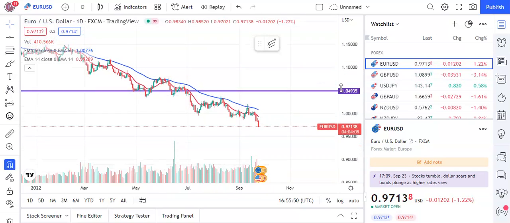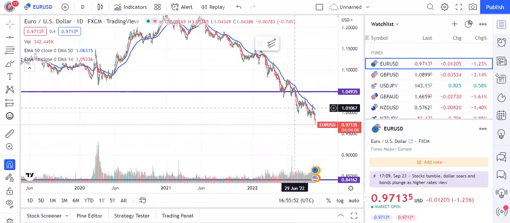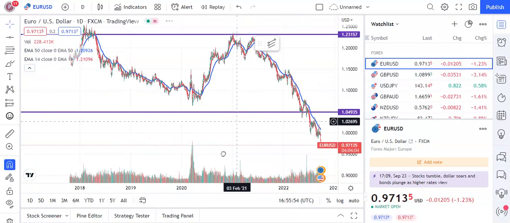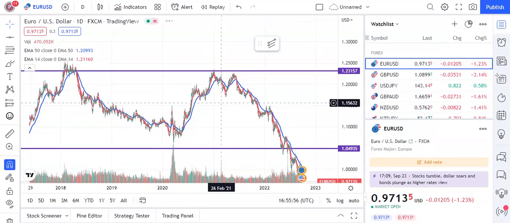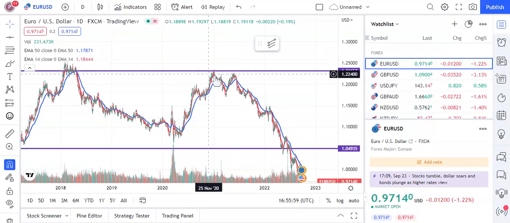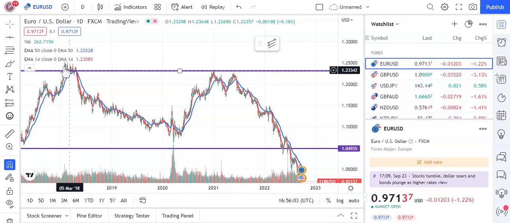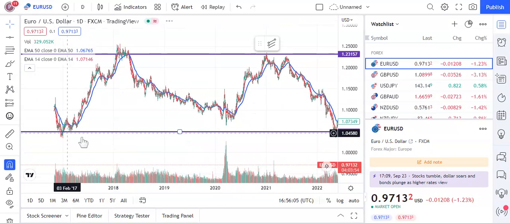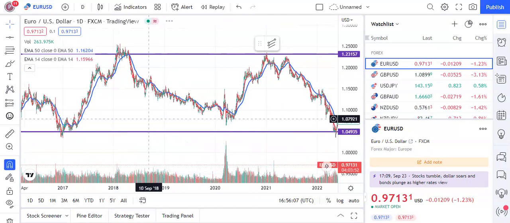Okay, so price is still on a downtrend here, and then as you can see, it is what is happening here. Resistance, resistance, resistance. There are reactions here. Resistance, support, support. Amazing.